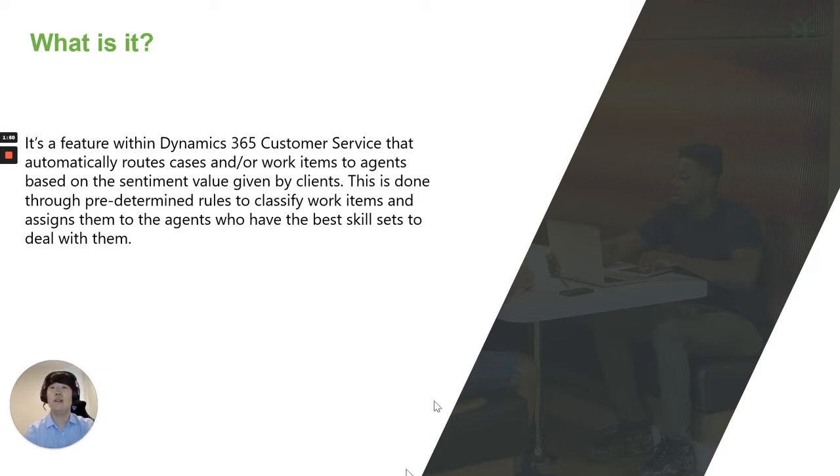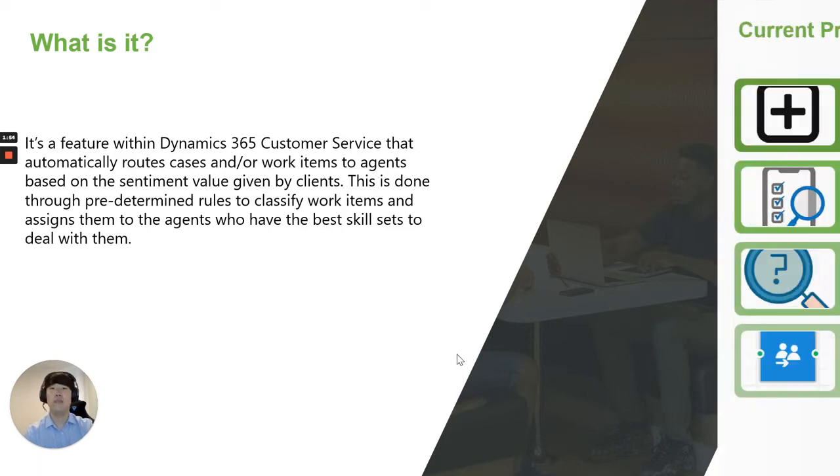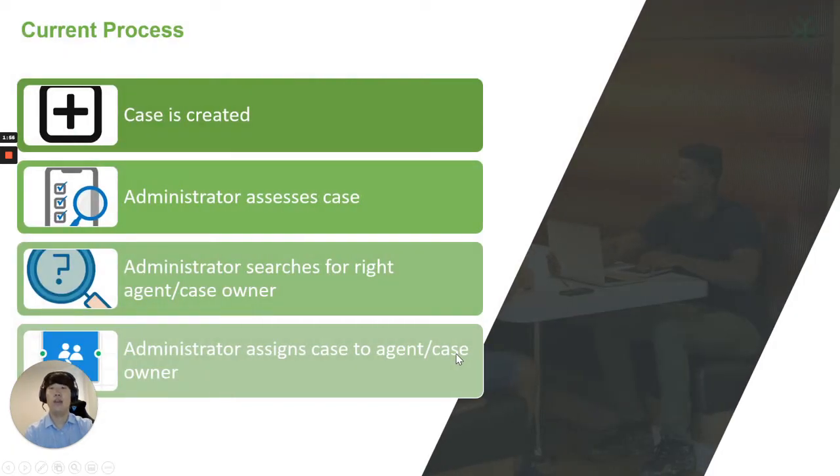Let's take a look at when this feature would be useful in a real life scenario. So here we have a case management scenario where a work item or case is assigned to an agent without the use of Sentiment Prediction Routing Tool. First up, a case is created, with the relevant sentiment or feedback associated with it from the client or customer.